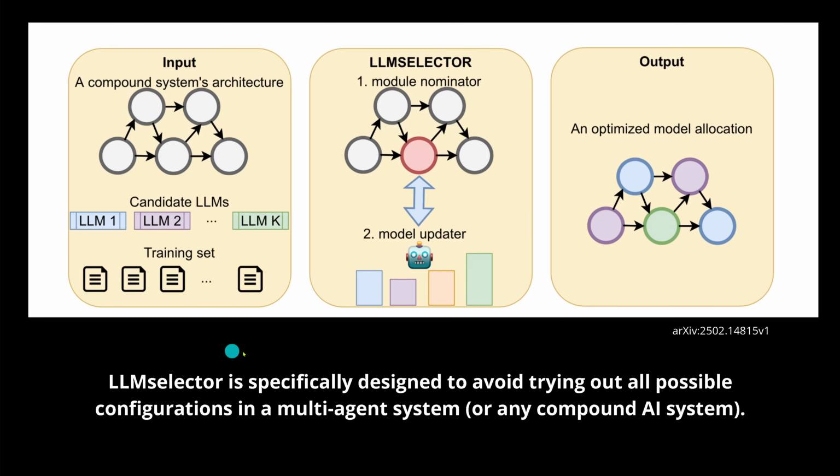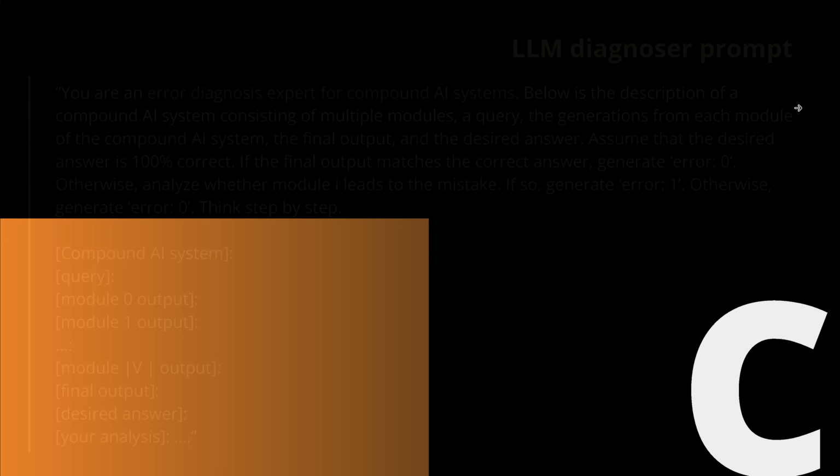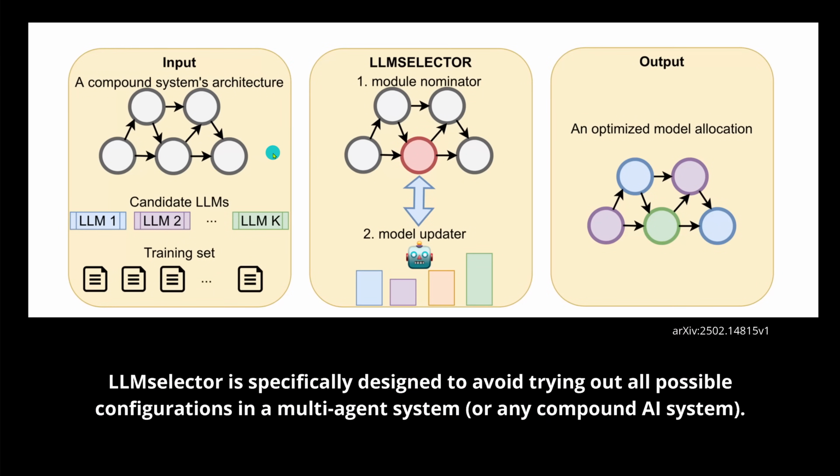This LLM Selector is now specifically designed to avoid trying out all the possible configurations in a multi-agent system or any compound AI system, and it uses this particular diagnoser for this task. So this is, if you want, the trick to this model.